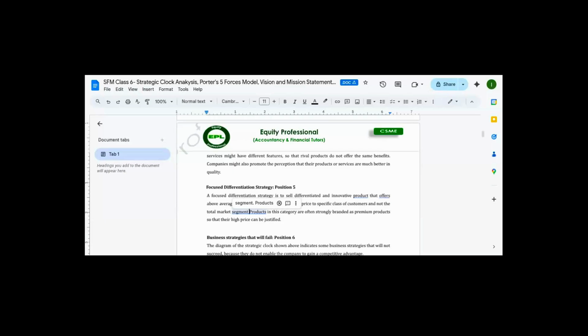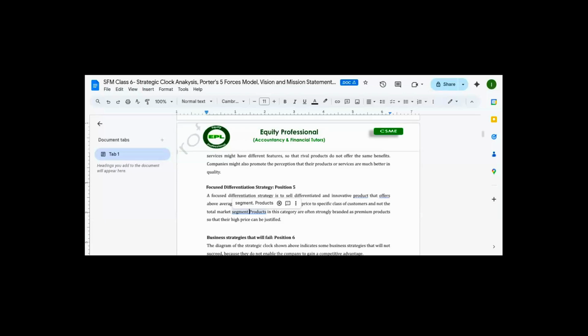With a differentiation focus, you should have it in mind that the company specifically produces that product for certain categories of customers. They have done their market survey, they have carried out their marketing research, they have identified a gap. To fill that gap and exploit the opportunity in the market, they specifically produce a product that they focus on selling to certain categories of customers.